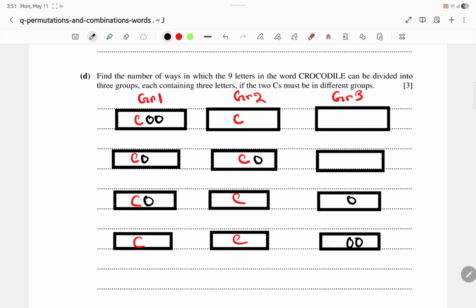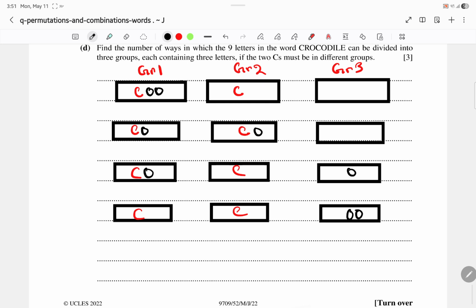Okay, so these are all the ways this can be done. The reason why I'm not changing the C's is that even if you do change the C's, it will still be the same. So the C's arrangement doesn't matter. You just have to make sure that the C's are in different groups. That's all it says, right?